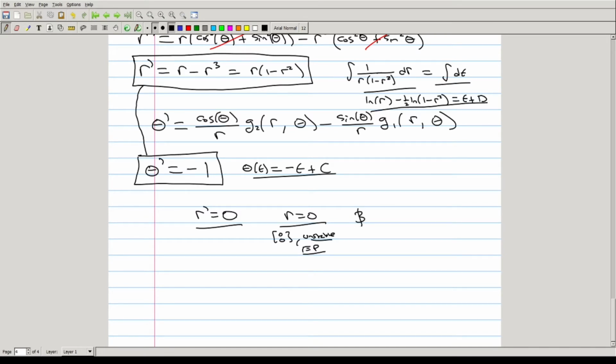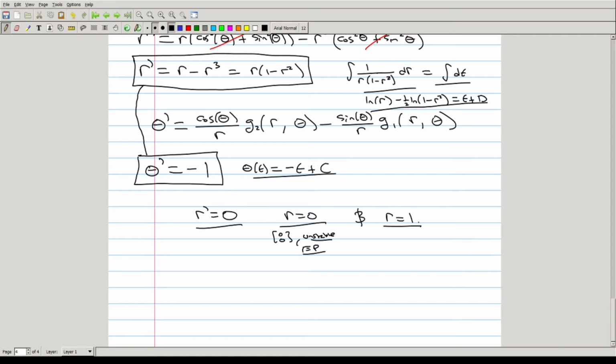But r prime is also 0 on the radius, which is when r is equal to 1. And r is always positive, so we don't need to include the negative root of this 1 minus r squared.